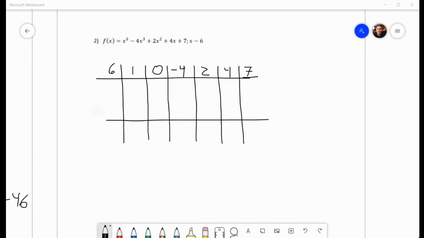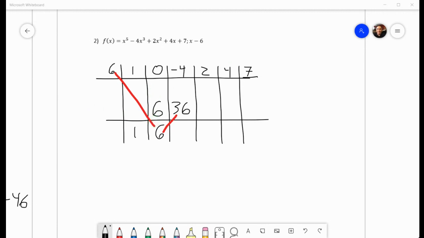So again, the 1 comes down, right? And now we multiply. 6 times 1 is 6, that goes here. And we add 0 plus 6, that's still 6. Six times 6, that's going to be 36. 36 goes here.